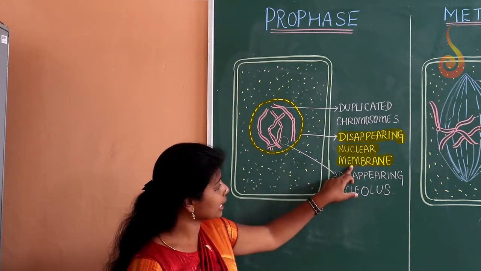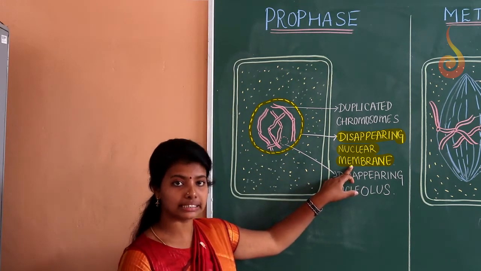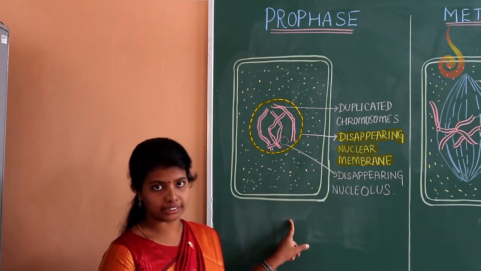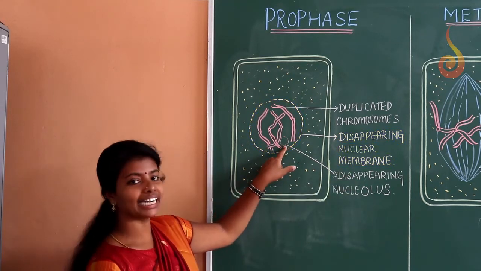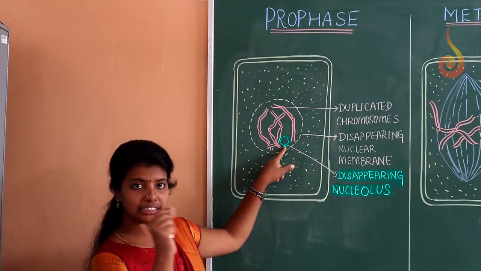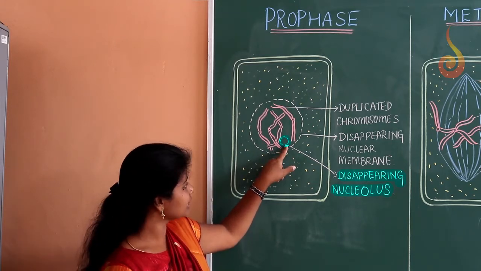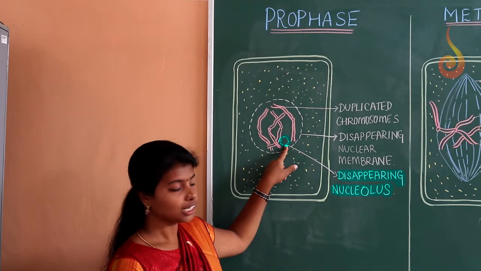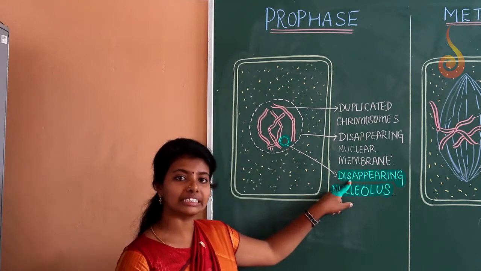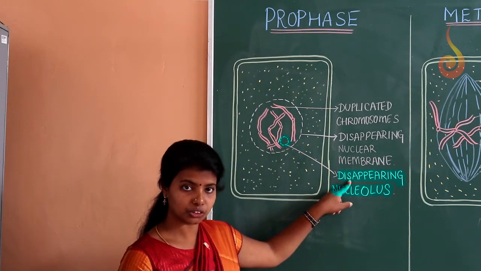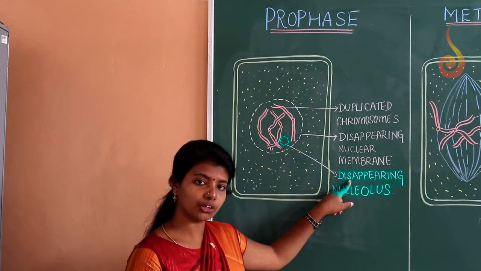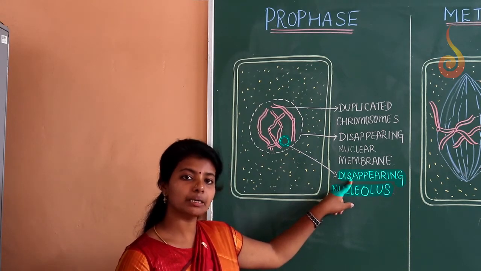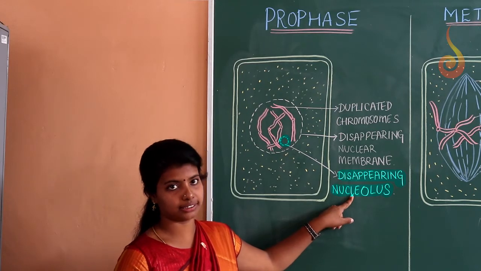So the nuclear membrane starts to disappear in prophase. Then you could see a dotted circle within the nuclear membrane, that is the nucleolus. The nucleolus also starts to disappear. So the second feature to observe is the disappearing nucleolus.